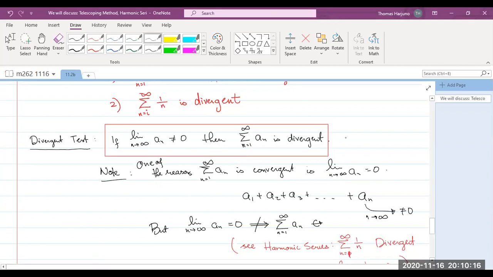I write it as a side note: nothing can be concluded about the series, either convergent or divergent, when the limit of the term is 0.